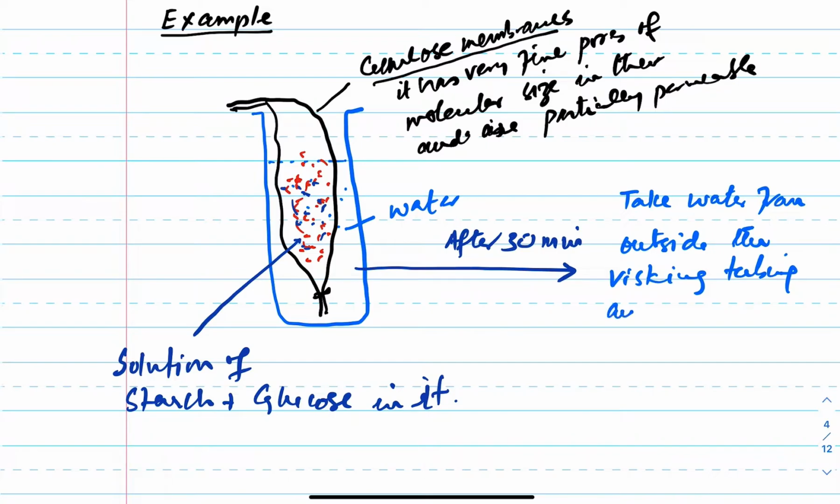And test for starch and glucose. When you test it for starch with an iodine solution, you will see the starch test is negative.